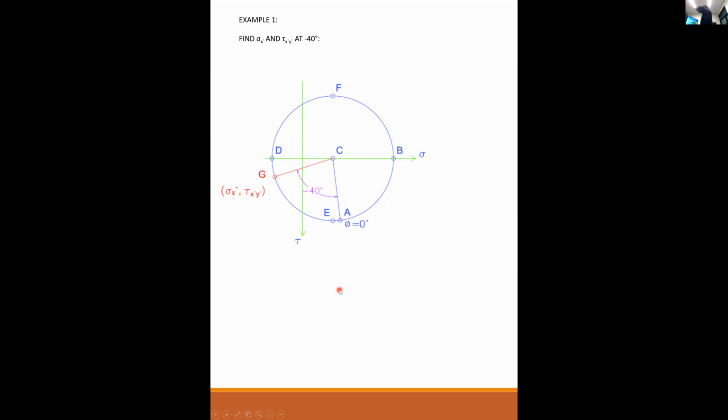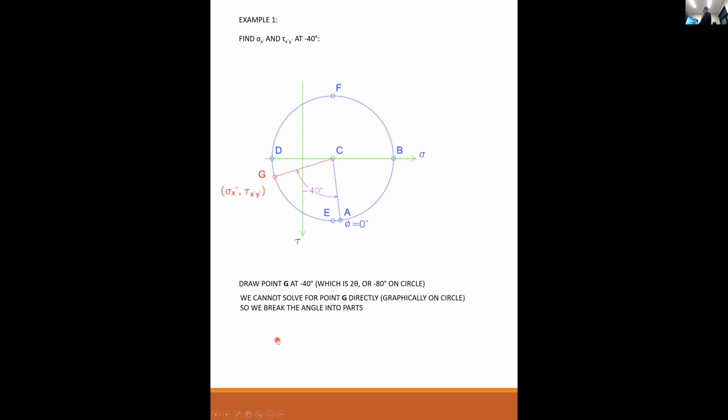We could run this through our equations like we did in the very beginning to get these values, but I want to show you how you can get these values from trigonometry or geometry on Mohr's circle. So we're going to draw the point at minus 40, which is 2 theta, or minus 80, on the circle.